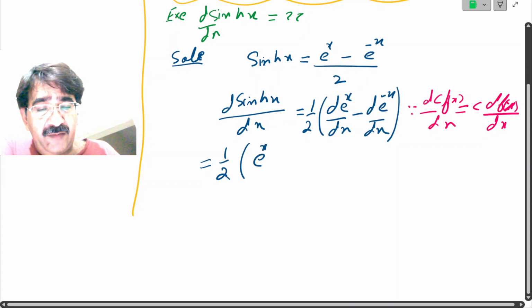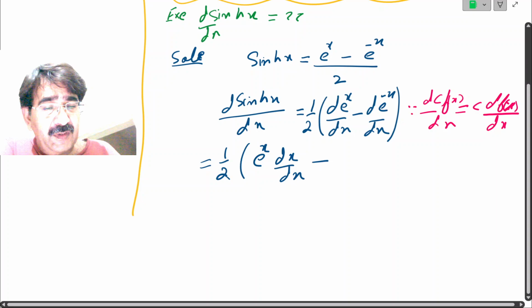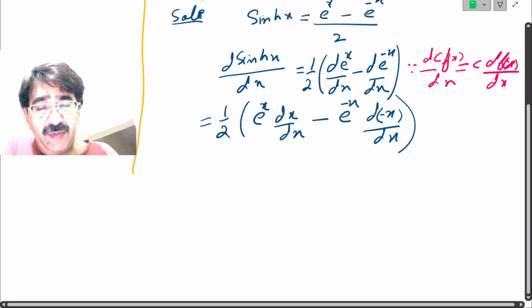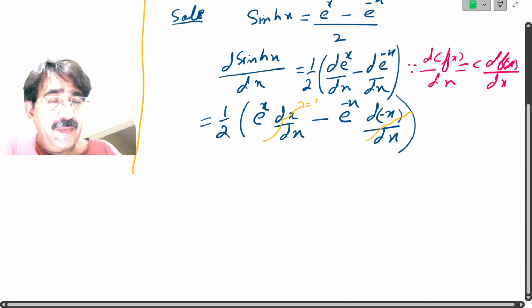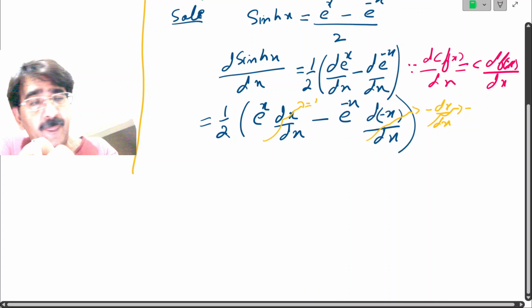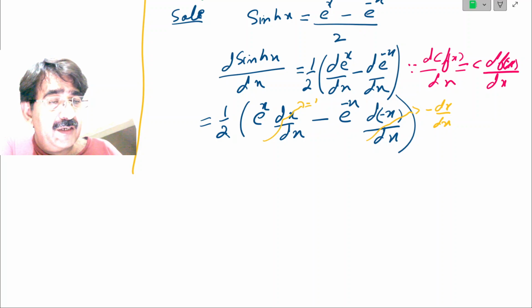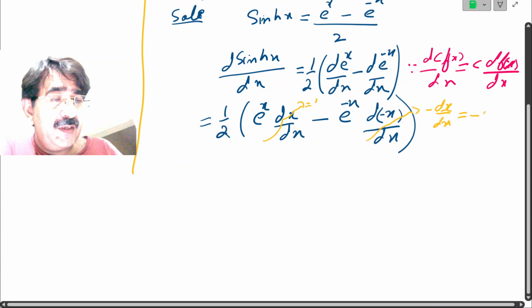So the derivative of e^x with respect to x will be 1, minus the derivative of e^(minus x), which is e^(minus x) times the derivative of minus x over dx, and that will be equal to minus 1.